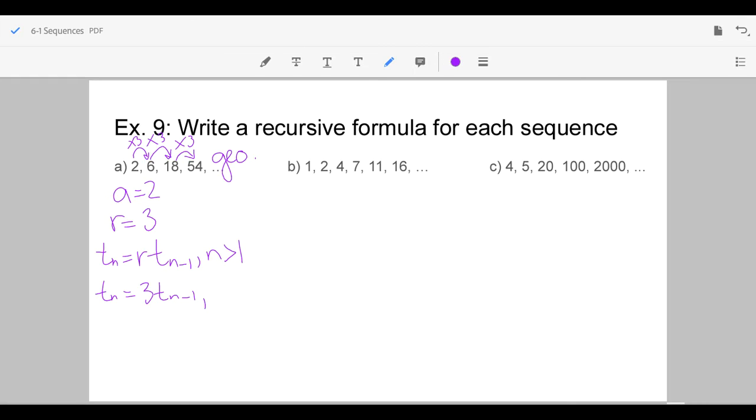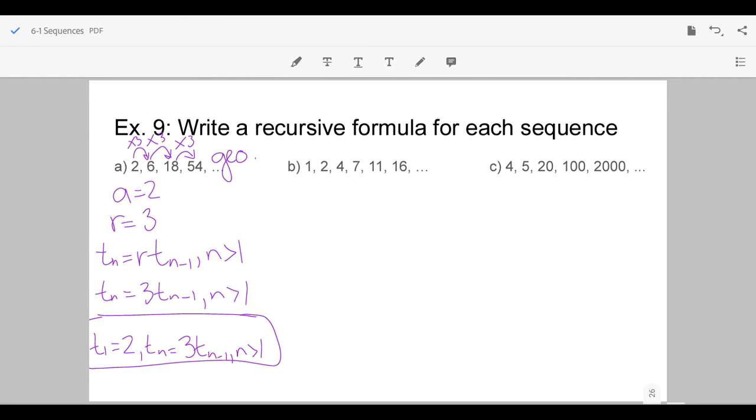So if we just say this part, again, we don't have enough information. We have to say that term 1 is 2, term n is 3 times term n minus 1, and n is greater than 1. All of this needs to be stated in order to be able to find the next term.